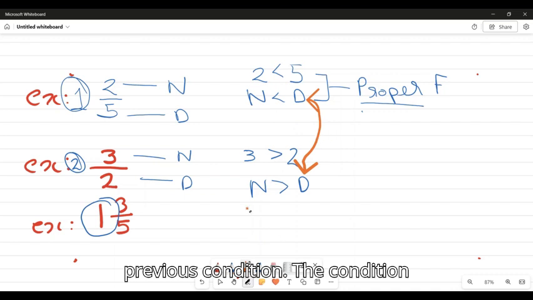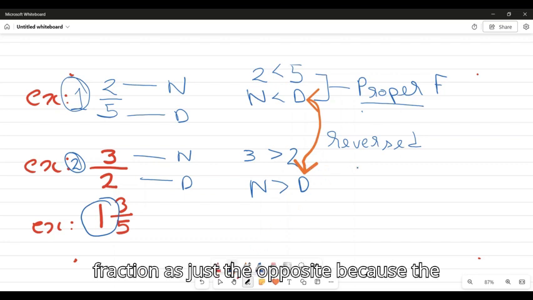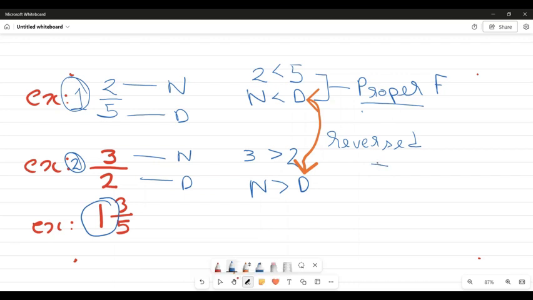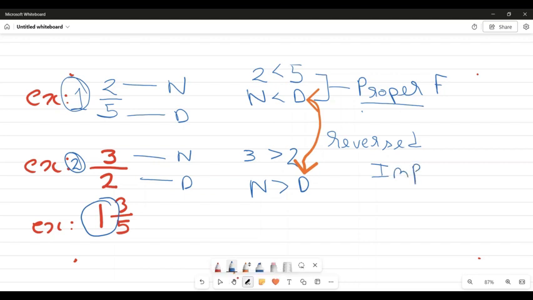The condition has been reversed. So we call this fraction just the opposite, because the condition has changed. The opposite of proper will be improper. So we have improper fraction.